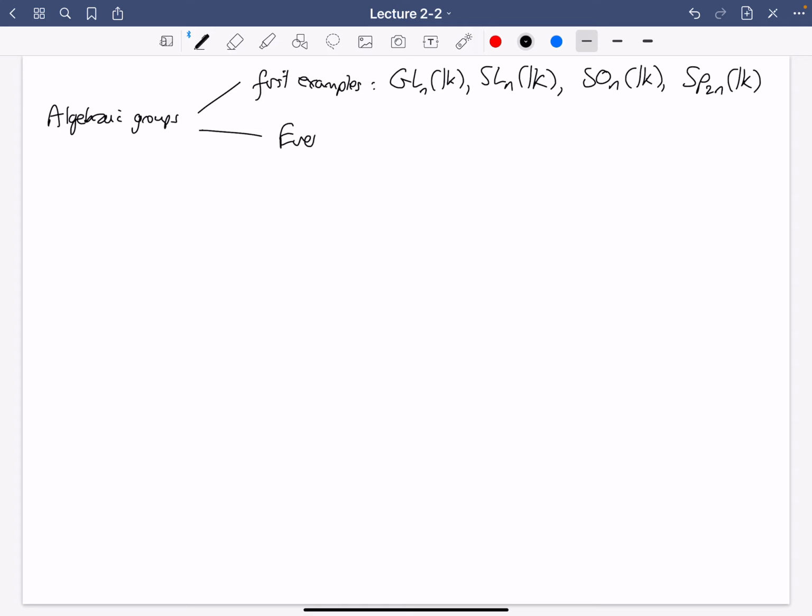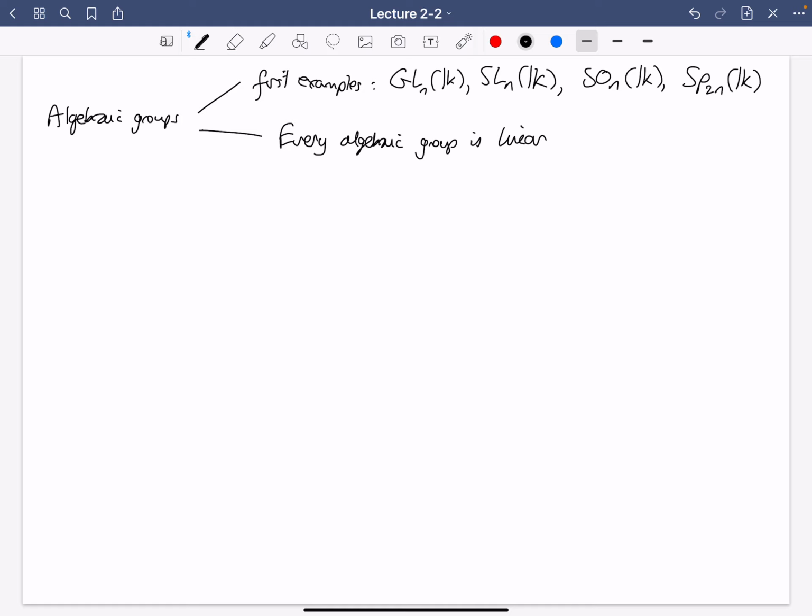I proved this last time, that every algebraic group is linear. The proof was a little bit long, but the basic idea is simple enough. You find a finite dimensional vector space that the group acts on by looking inside the regular representation. That's this action on its coordinate algebra.